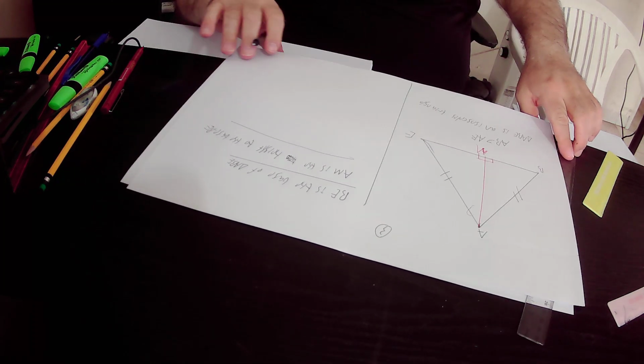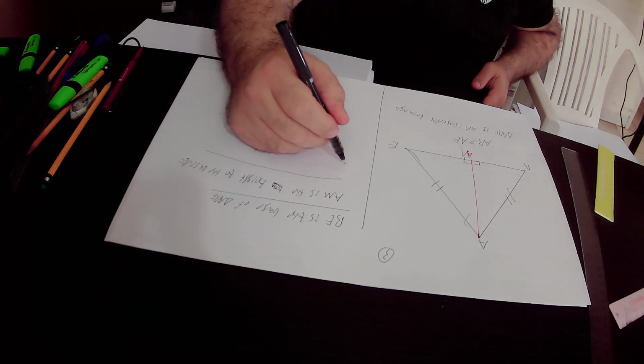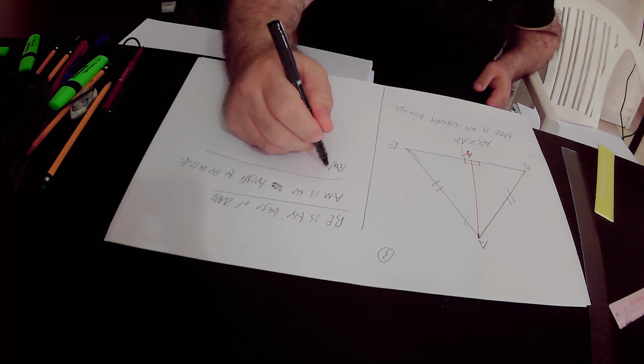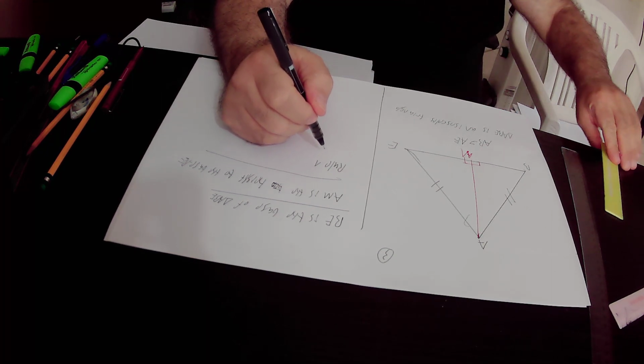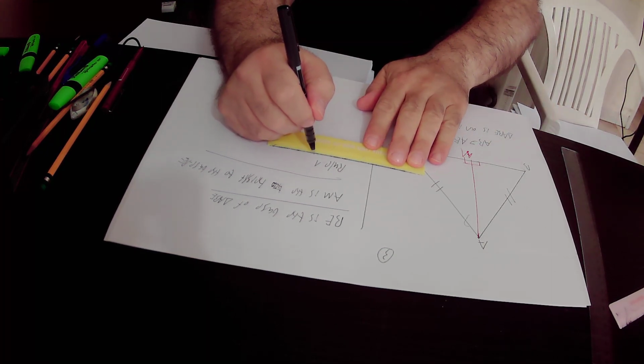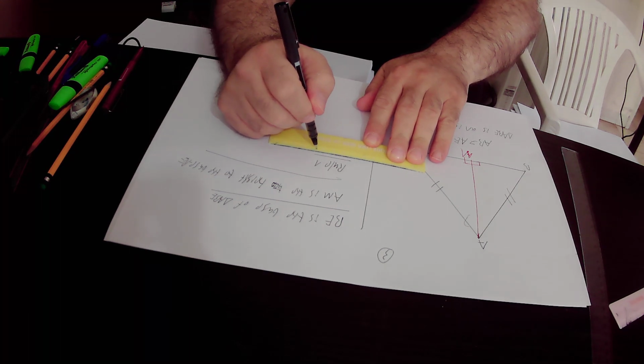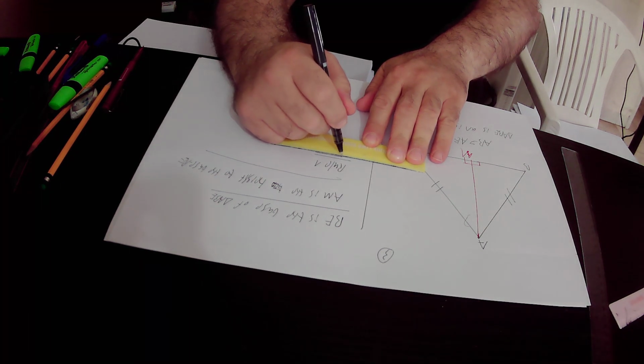And we actually have rule number 1. According to rule number 1, the height to the base in an isosceles triangle bisects the base.